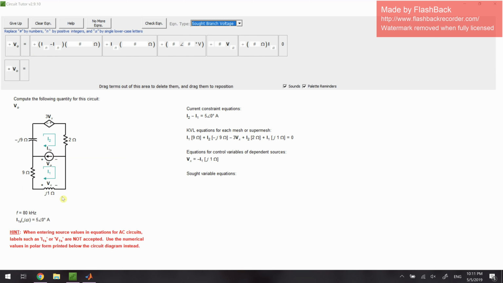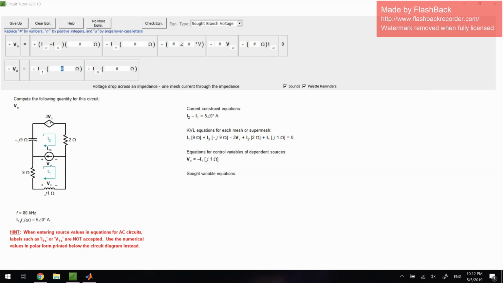So we're going to say that V out is equal to the sum of both of these terms, and if V out were placed onto these combined impedances, we would see that current 1 is running through the negative end of these.